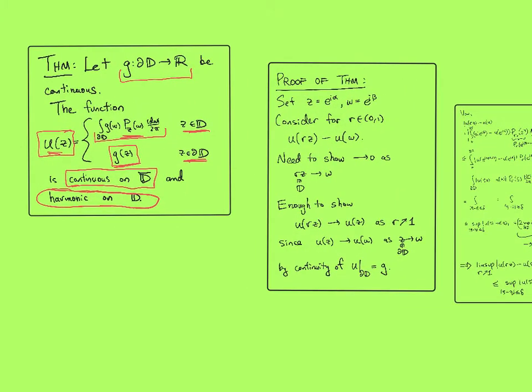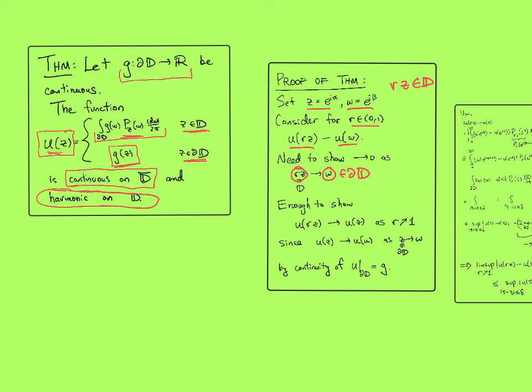So to begin the proof, let's take z, a point on the unit circle, w on the unit circle, and then r between 0 and 1, and we want to compare u of rz, so rz will be an arbitrary point in the disk, to u of w, and we need to show that this goes to 0 as this point in the disk goes to w on the circle.